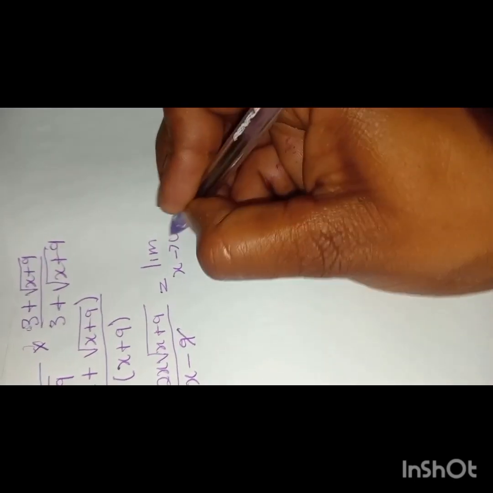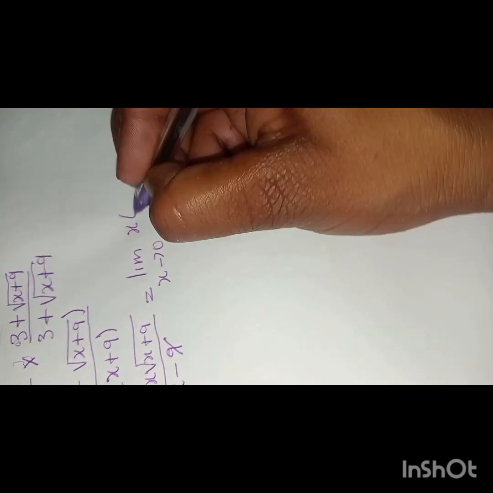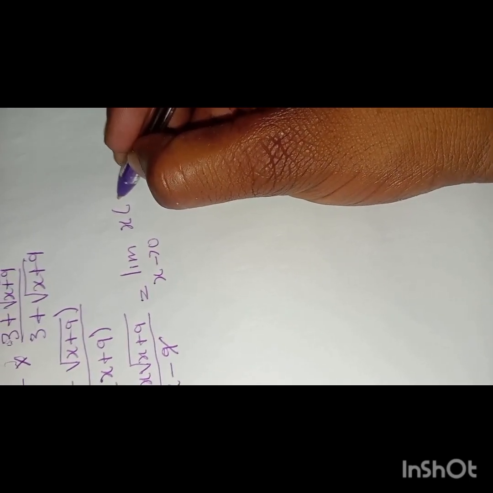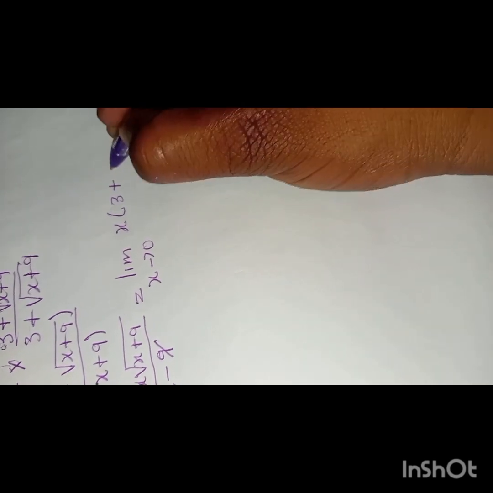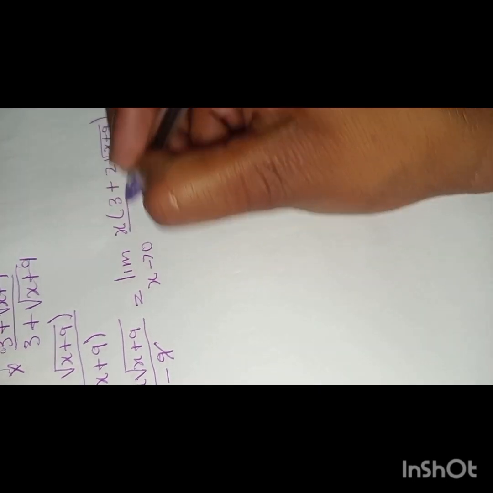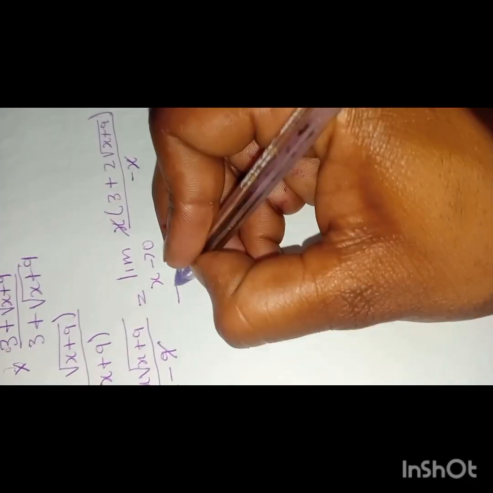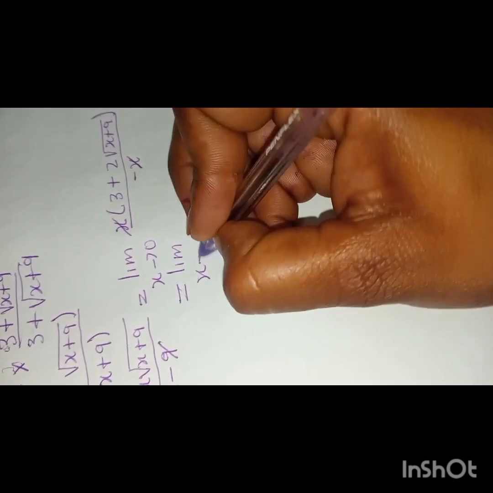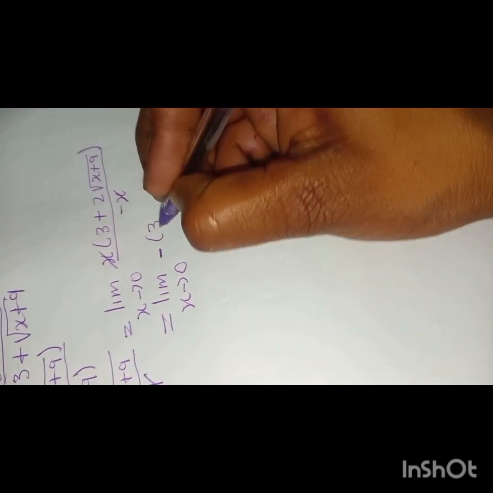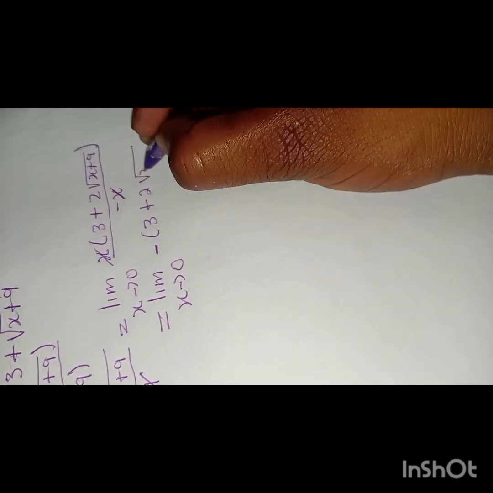The limit as x approaches 0, you can take x as a common factor. Here you can see we have x times (3 plus 2 root of x plus 9), all over x. Therefore you can see that x cancels. So we have the limit as x approaches 0 of 3 plus 2 root of x plus 9.